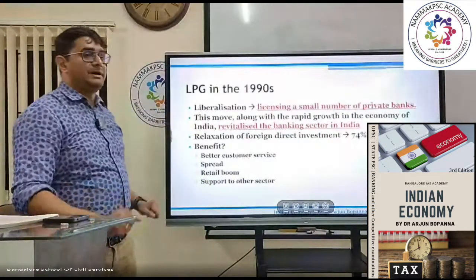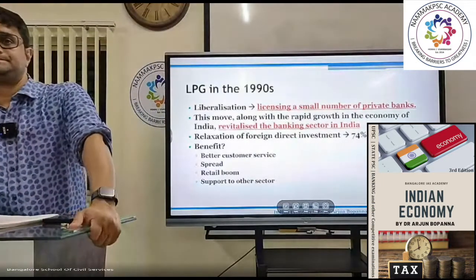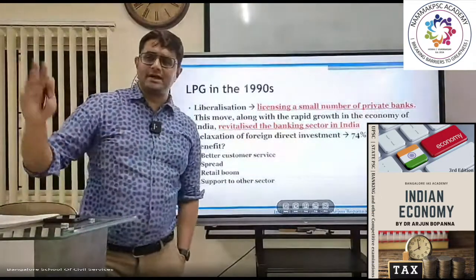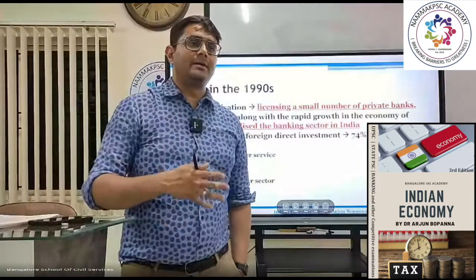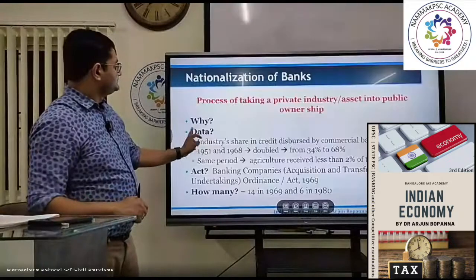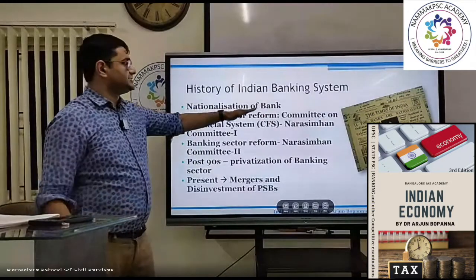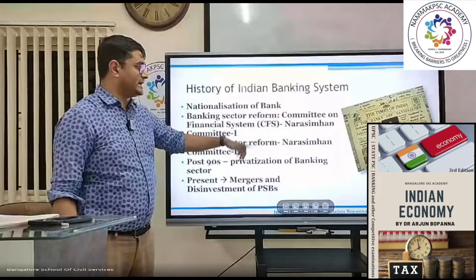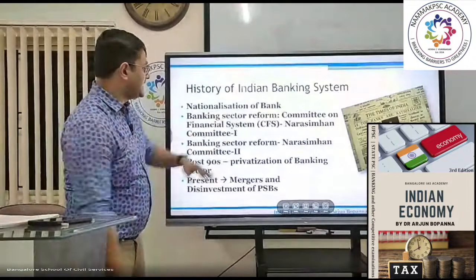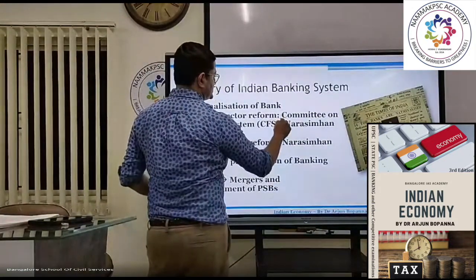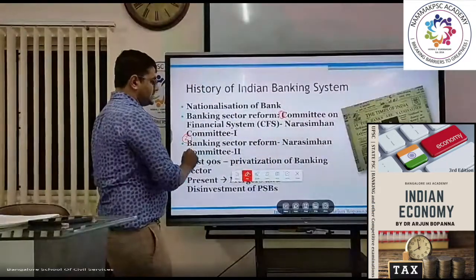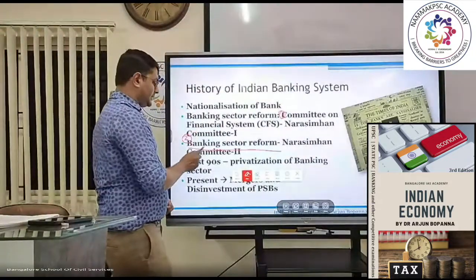So that is what happened in the 90s. Before this, there were two committees set up, one after the other. The Narasimhan committee made recommendations, and that is important. So, in the history of banking, nationalization of banks and then banking sector reforms, there are two committees. One is the committee on the financial system, the Narasimhan committee, and the second one is on banking sector reform, Narasimhan committee 2.